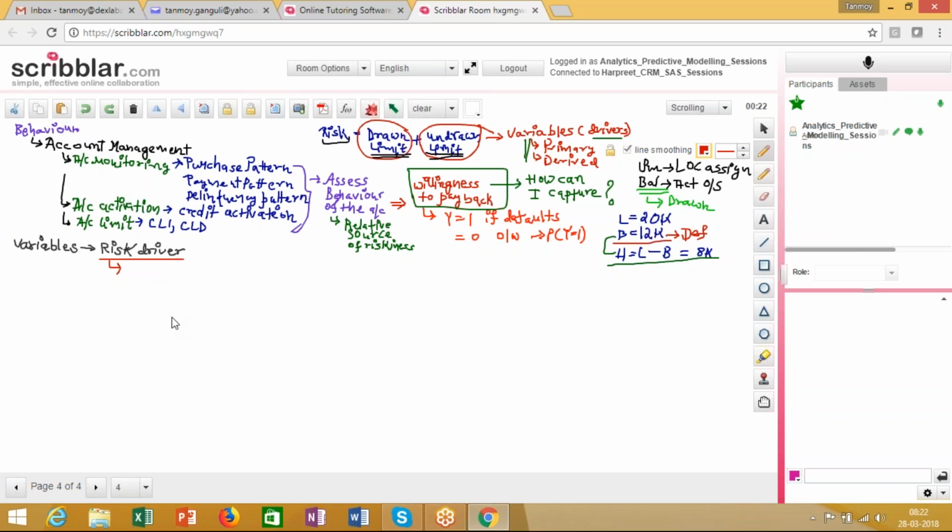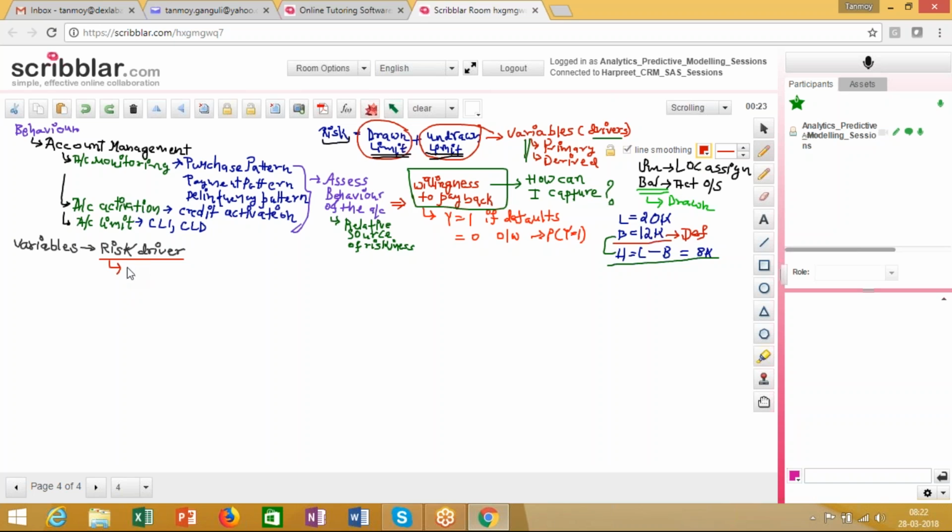So when I talk about a risk driver, what is this risk driver? A risk driver is a very important or significant variable which affects the riskiness of the borrowers.